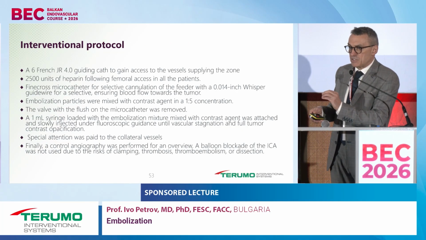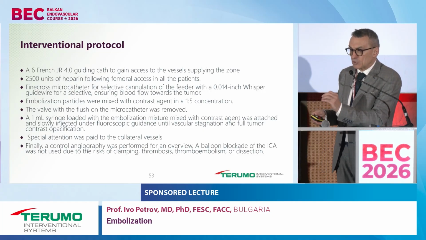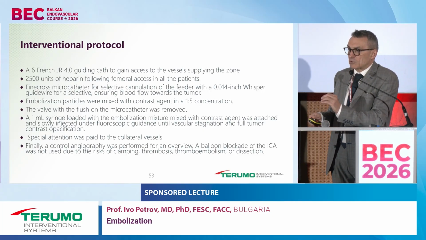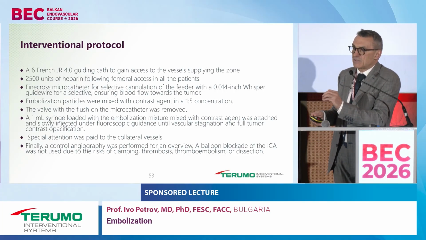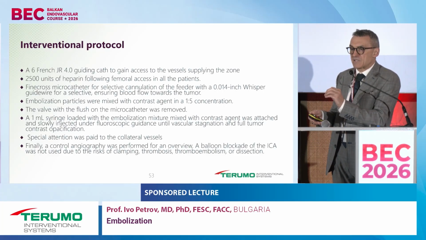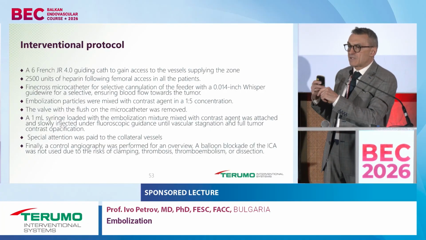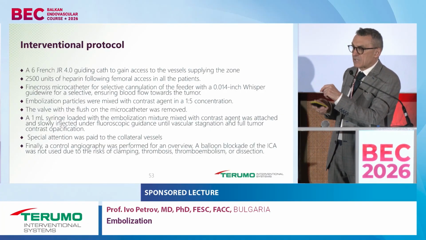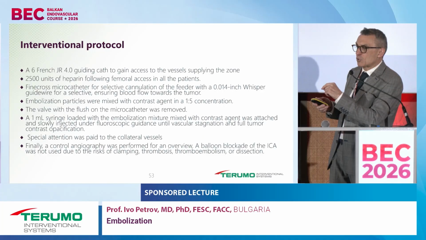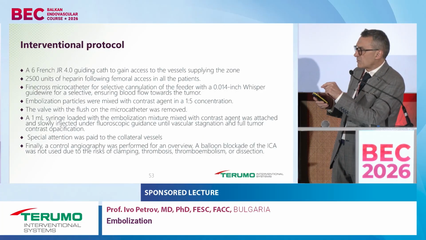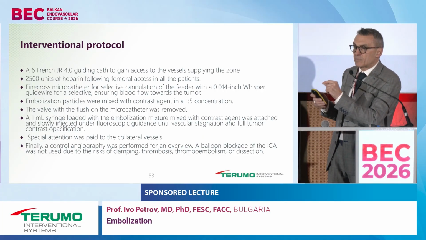It's easy to embolize the glomus caroticum, but it's very important to protect the brain of the patient, because even if we are super selective into the feeder of the tumor, we have to pay attention that this feeder, for example the pharyngeal artery and occipital artery, can have collateral flow and connection to the vessels supplying the brain.